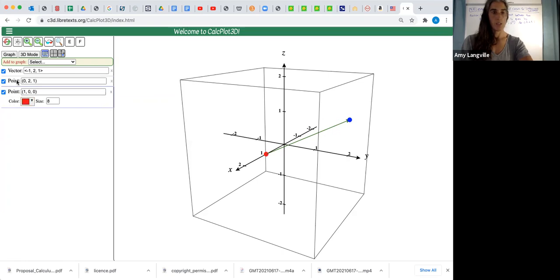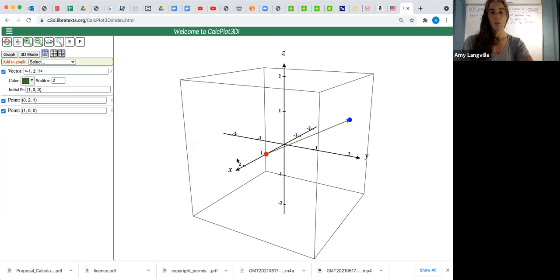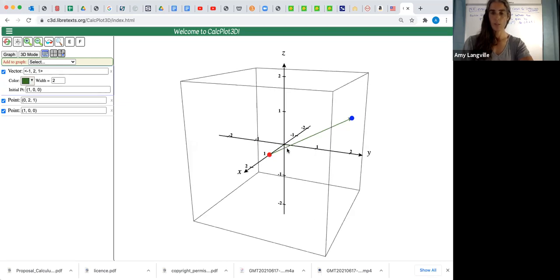The red one, and then this point 0, 2, 1 is in blue. We want to go between those two, so we can make a vector between those. That is just x2 minus x1. So when I subtract the point 1, 0, 0 from the point 0, 2, 1, I get the vector minus 1, 2, 1. But I want to start at my initial point, the red one. So I enter that. I have this green vector, right?